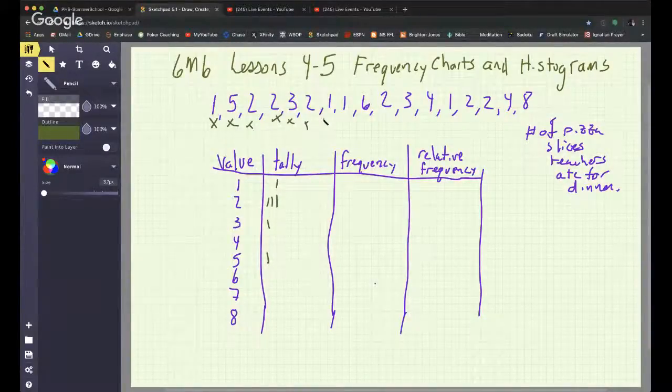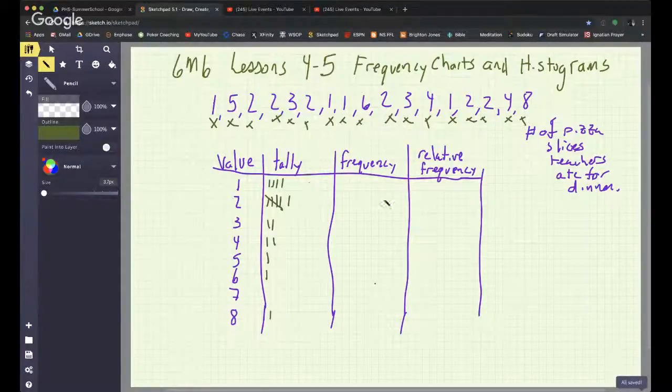There should be 17 of them if you remember from last lesson. A 1 and a 6. Then a 2, a 3, and a 4. Then a 1, a 2, and a 2. And then a 4 and an 8.